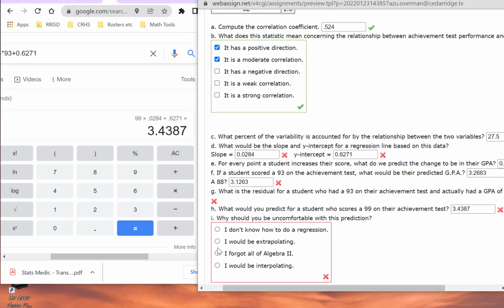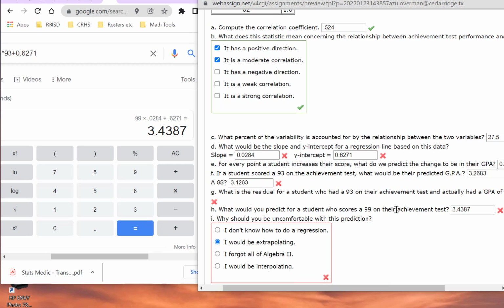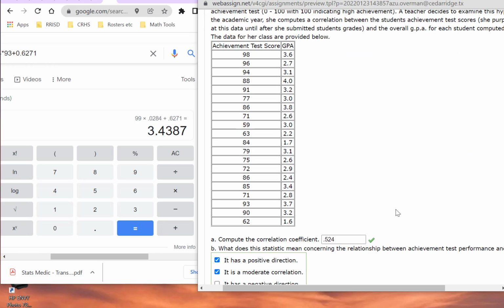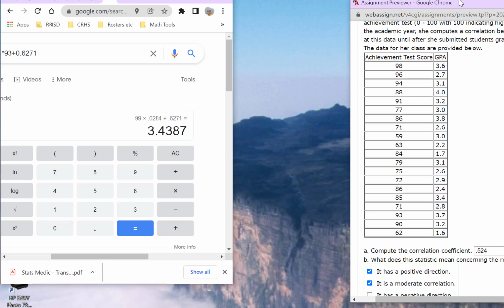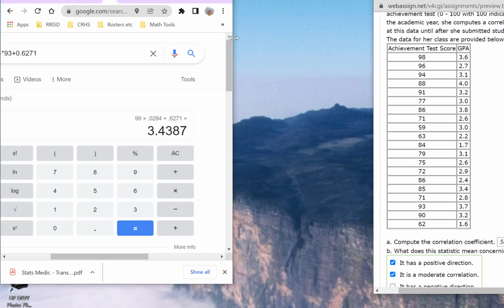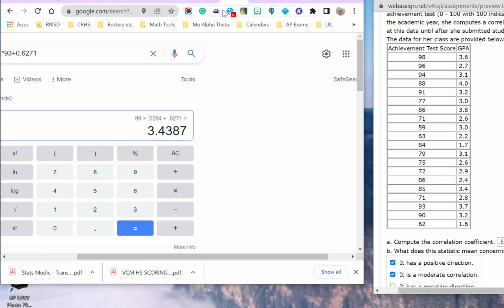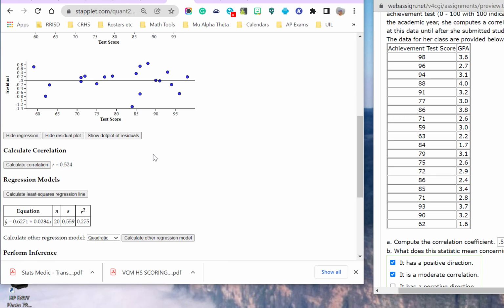Odds are it's usually this. I had a really good activity I did with my AP students. I might share it with you as another resource. But basically, the highest score on here was a 98. Let me look at my data on this tablet. So here's my data, the 2 variables.